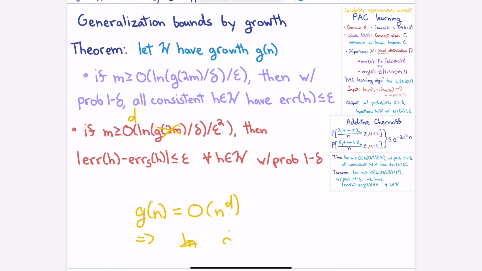You can just solve for how big m needs to be, and you'll find that choosing d log 1 over delta over epsilon squared is enough. So if you're doing disks in a plane, d is 3. If you're doing hyperplanes in d dimensions, d is d.